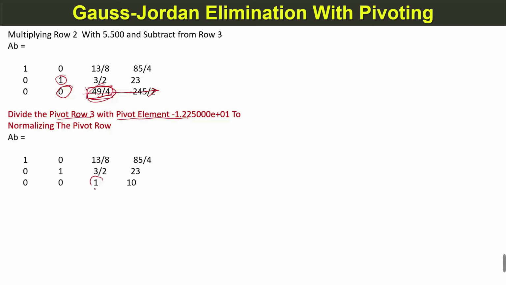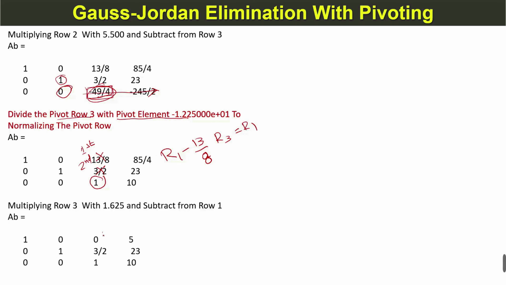Now this is normalized, and now first we eliminate this one and secondly this one. So we multiply r3 by 13 by 8 and subtract from r1. This will be equal to r1.